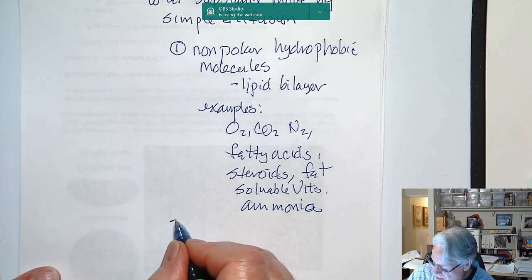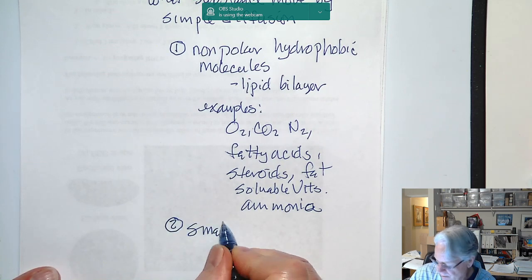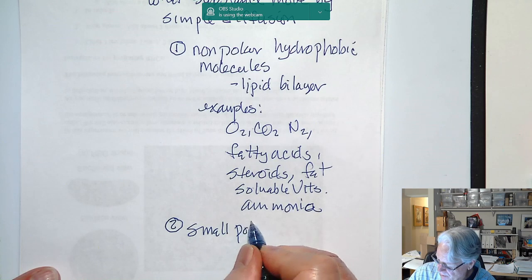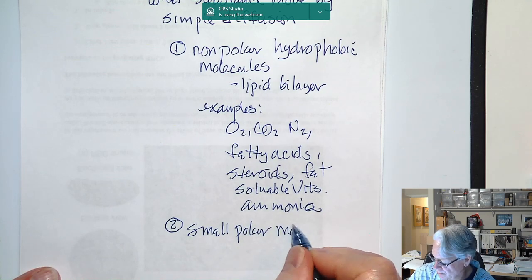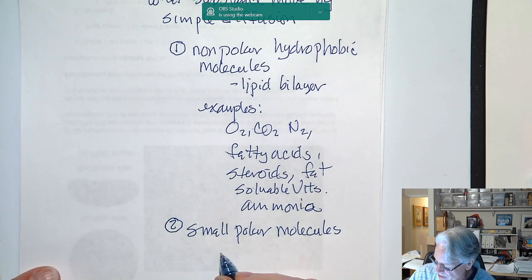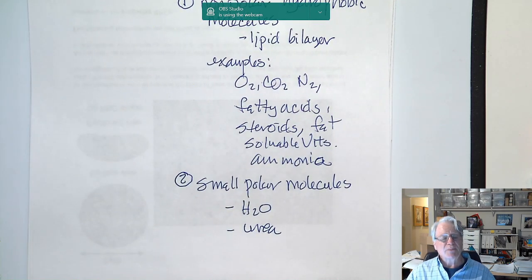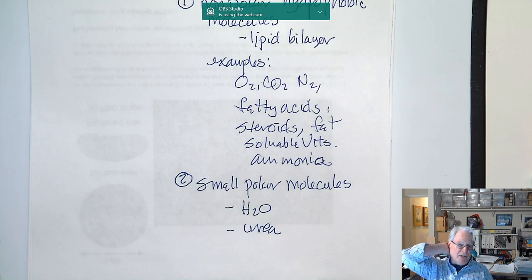The other type of molecule is small polar molecules. And two good examples there are water and urea. These are very small molecules. They are polar, but they can cross the membrane.